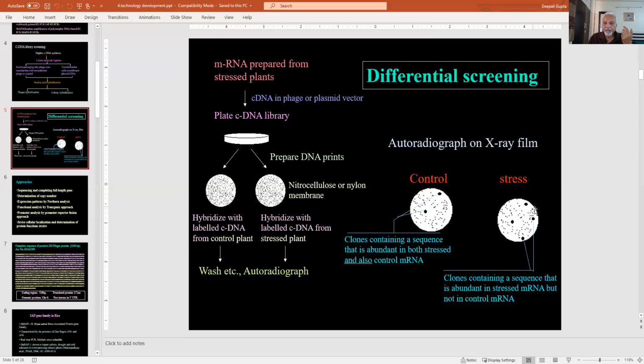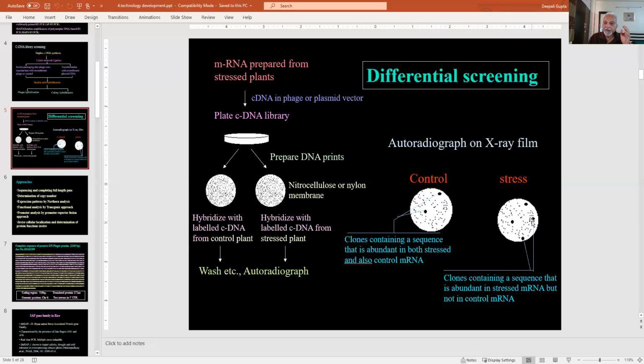That's how we end up identifying genes which are expressed under stress condition and not in control conditions. So these are the genes which may be responsible for stress management, and therefore they become representatives for further analysis. This is what is referred to as differentially expressing genes, like this and this, for example.